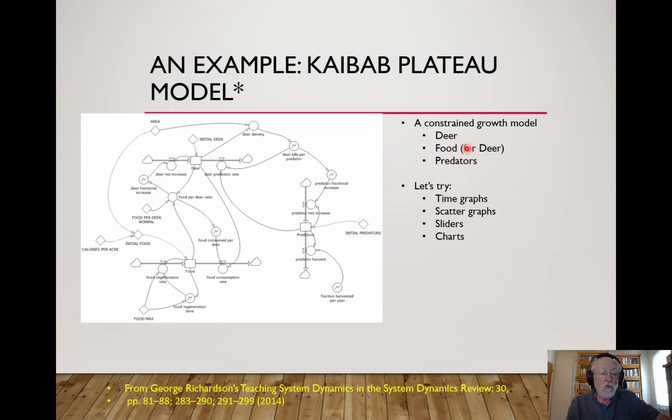Food is obviously constrained by consumption due to deer, and the surface area has an effect on how much food can actually be grown. And then predators are controlled by the food sources they have, which are deer and so-called harvesting or hunting.